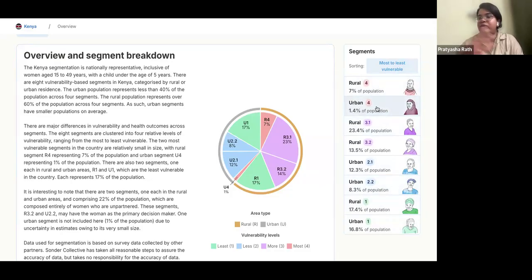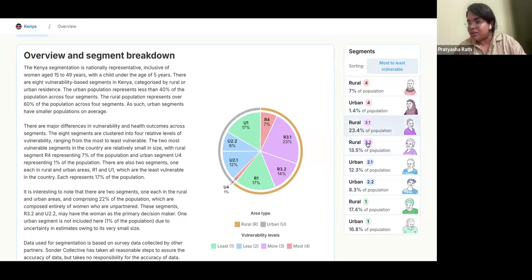So there is an urban most vulnerable, there is a rural most vulnerable. Their population sizes are quite small, right? So the rural most vulnerable segment, which is the most vulnerable segment overall in the country, because this sorting shows us most to least, is just 7% of the population. The urban most vulnerable segment is maybe slightly better off than the rural segment, but it's a very small segment. It's just 1.4% of the population.